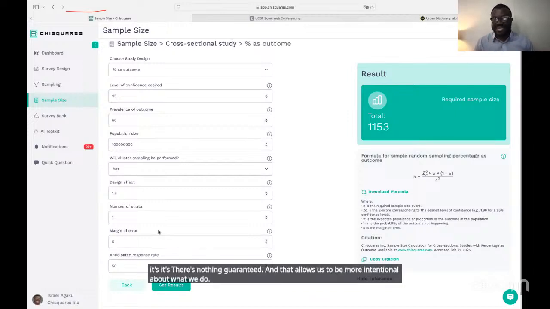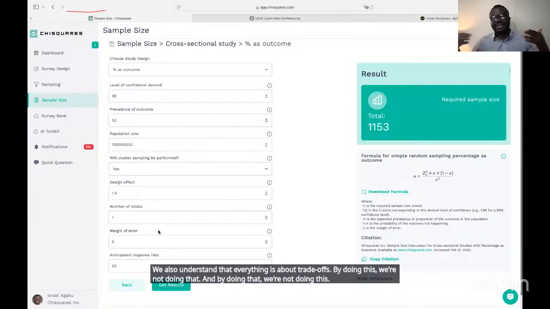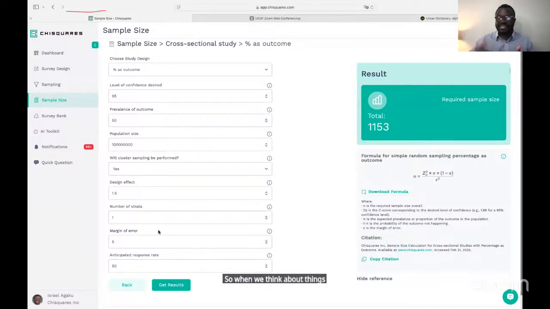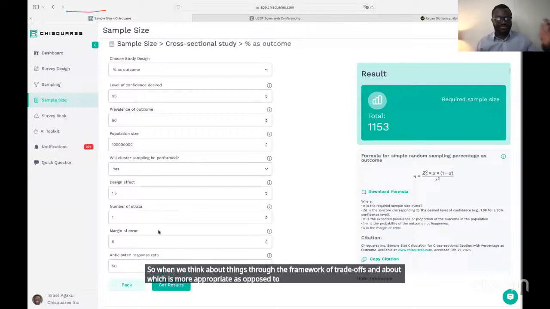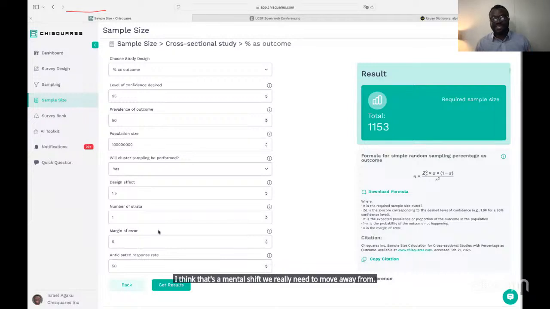We also understand that everything is about trade-offs, right? By doing this, we're not doing that, and by doing that, we're not doing this. So when we think through the framework of trade-offs, about which is more appropriate as opposed to which is wrong or right, that's a mental shift we really need to make.